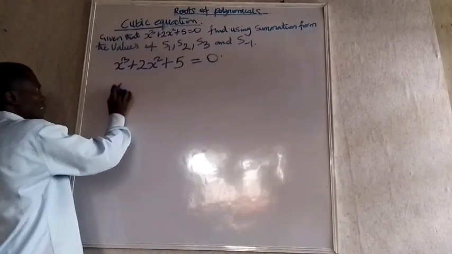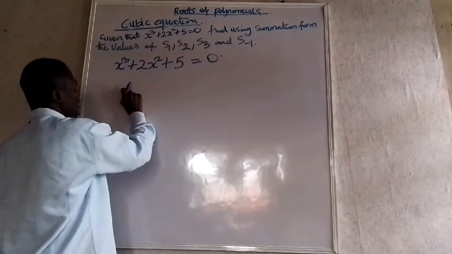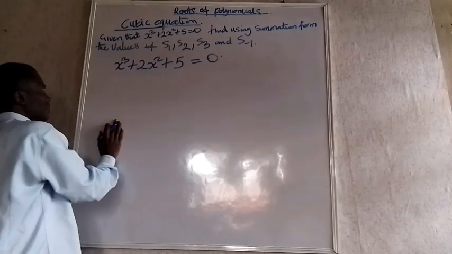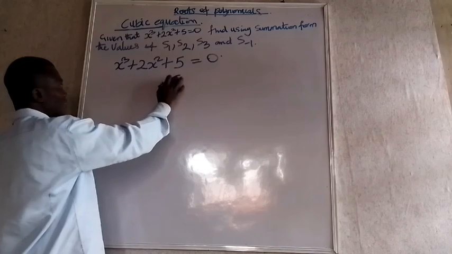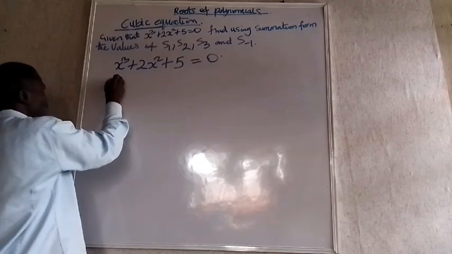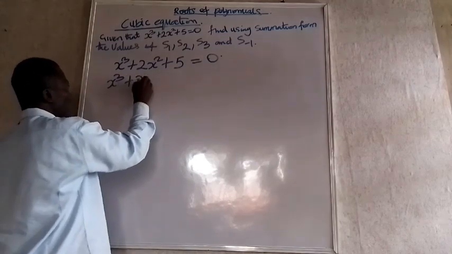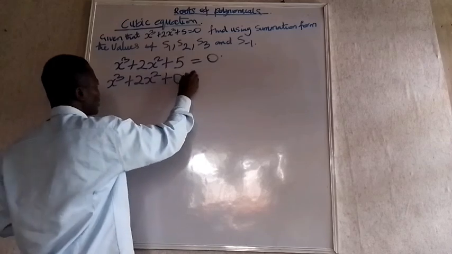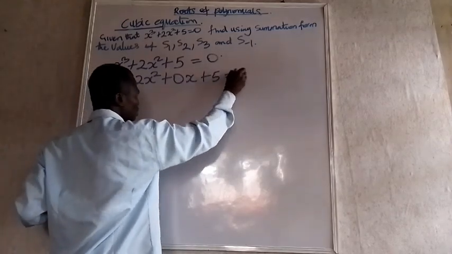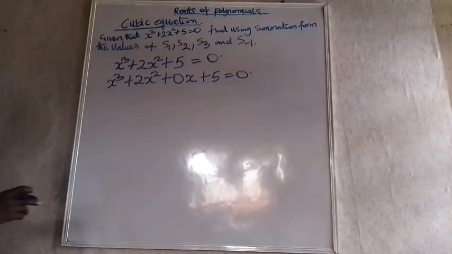We are having 3. So which means that the coefficient of x is 0. So we have x cubed plus 2x squared plus 0x plus 5 equals 0. So you can see, we have it in 4 places.